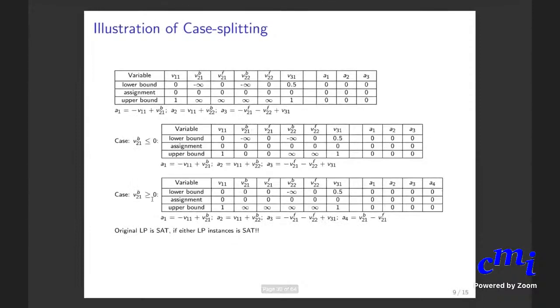The other case, V21B greater than or equal to 0, corresponds to this LP instance where the lower bound of V21B is changed to be 0.